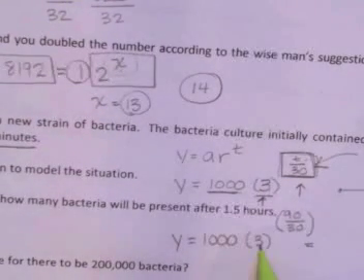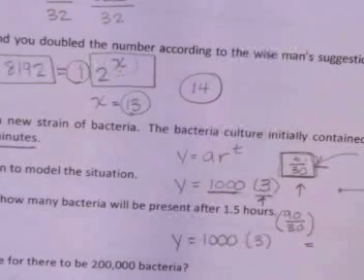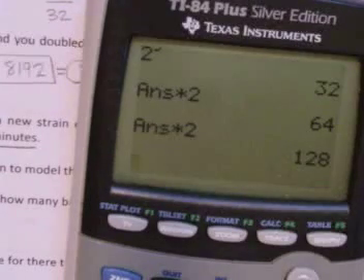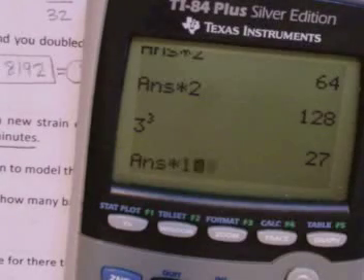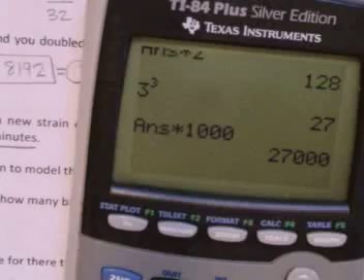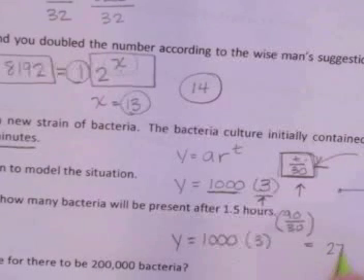And I see that this becomes 3 to the 3rd power. And then I'm going to multiply that times 1,000. So let me use my calculator to do that. I have 3 to the 3rd power times 1,000. And that gives me 27,000 bacteria after an hour and a half. It's a lot of bacteria.